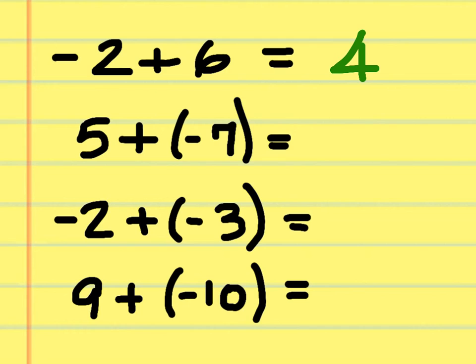Ramey, what should 5 plus a negative 7 be? Negative 2 is right, yes. Reinhardt, what should negative 2 plus negative 3 be? Negative 5 is right. And the last one goes to Roberts. What's 9 plus a negative 10? Negative 1 is right.